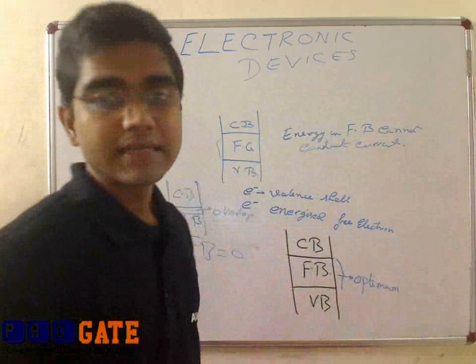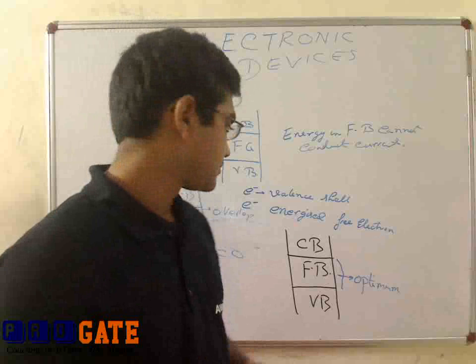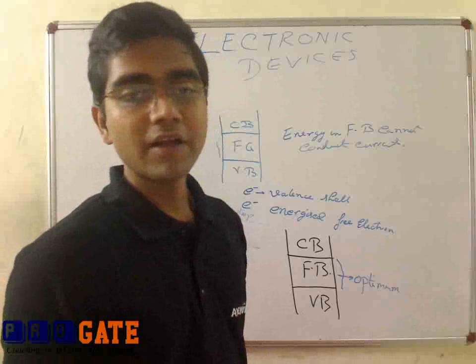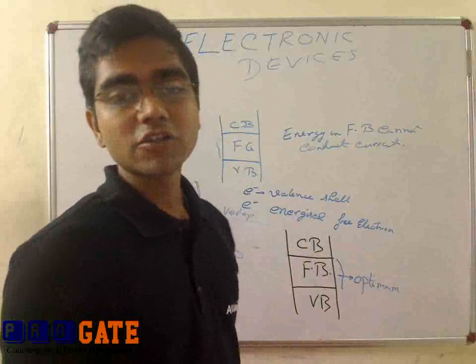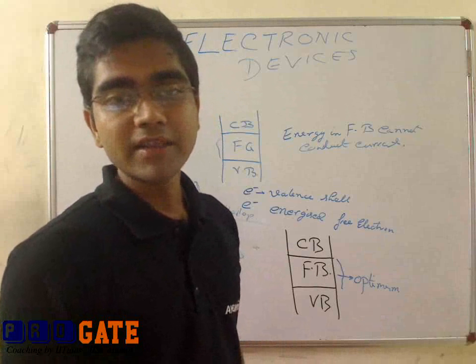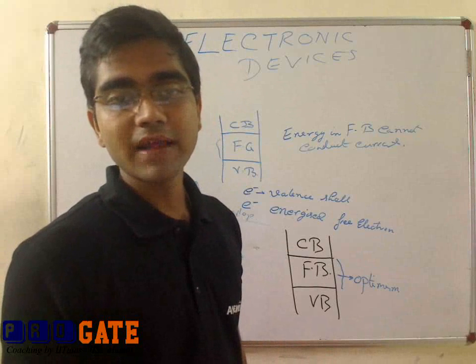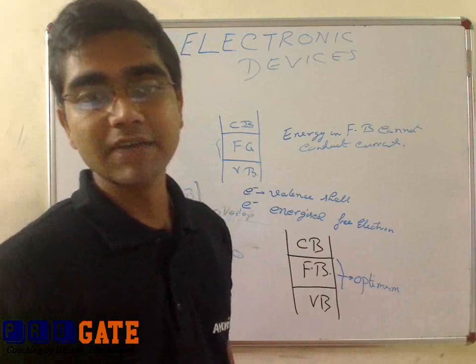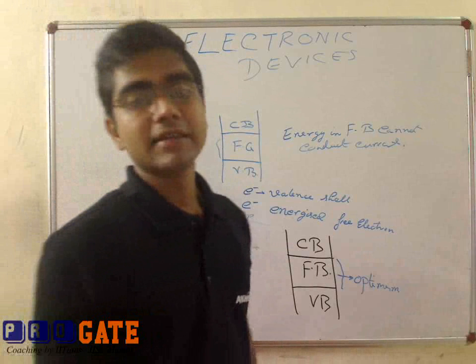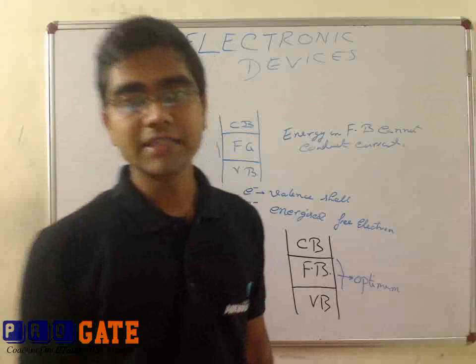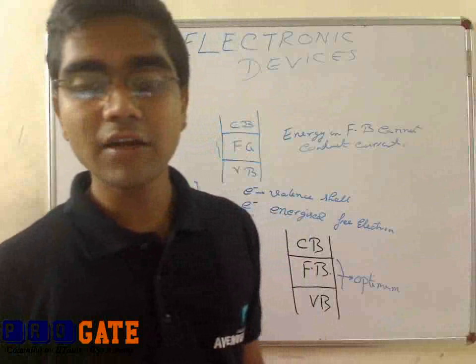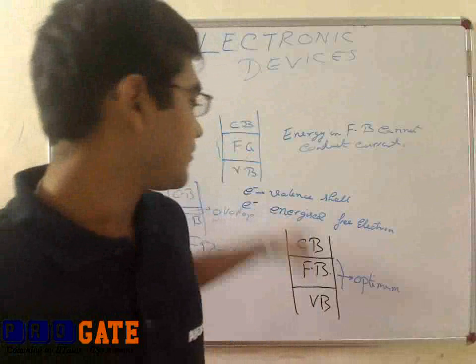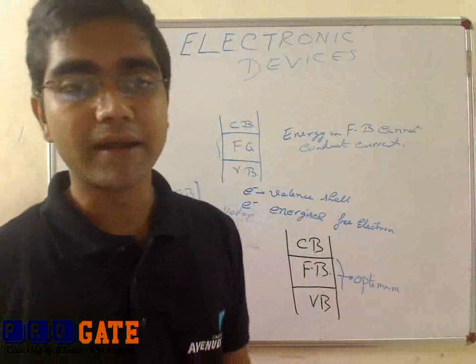This value is an optimum kind of a value. What do I mean by optimum value? Any electron here can jump across to the conduction band when a voltage or energy of a particular threshold is given. If the value of the voltage or energy is less than that of the threshold, then the electrons in the valence band of a semiconductor cannot jump into the conduction band.